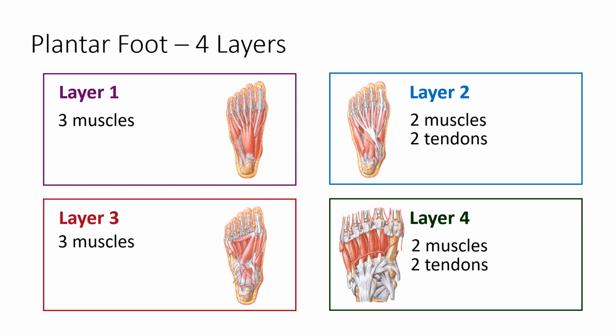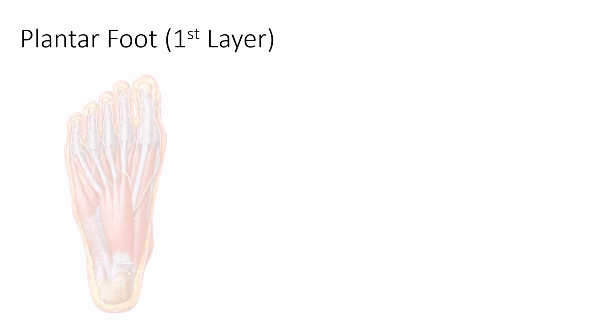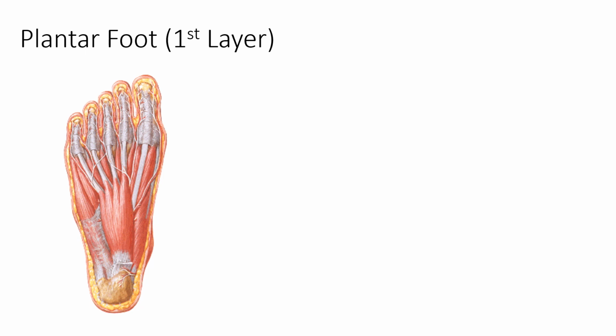So let's first talk about our first layer of the plantar foot. Like we said, it has 3 muscles. We can further distinguish these muscles by saying that it consists of 2 abductors and 1 flexor. So let's identify where these muscles are and what they look like in this first layer of the plantar foot.